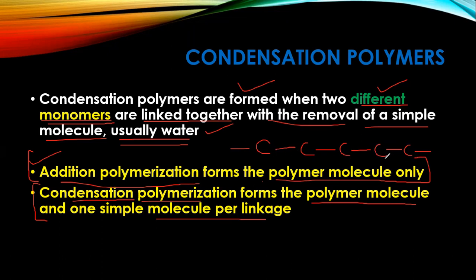You can identify the addition polymers easily. But in condensation polymers, you will certainly find some other atoms as well, some other elements as well. Let's look into more detail of the condensation polymerization.